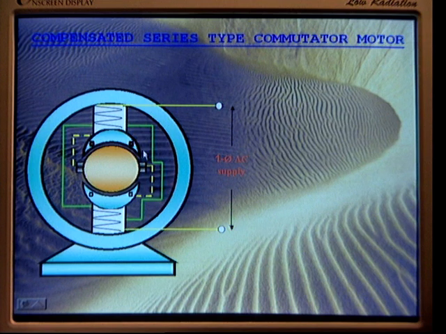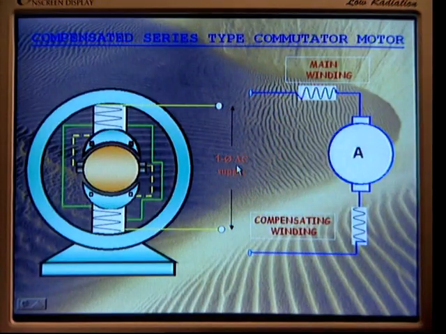And here is another winding, the green color, that is the compensating winding. The compensating winding may be in series with the armature and series field, or sometimes it may be separate. Here single phase AC supply is given, and it develops characteristics similar to the DC series motor, but it is not as efficient as the DC series motor.